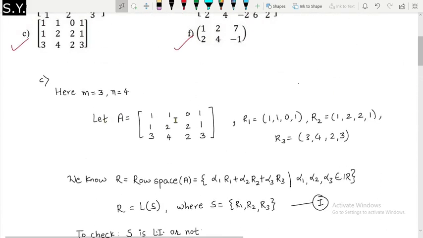Yes, this is my R1 first row and R3 is 3 4 2 3. So if you observe properly, they are not scalar multiples of each other, right? Whenever your set is having two vectors, and if they are scalar multiples of each other, then the set becomes linearly dependent.